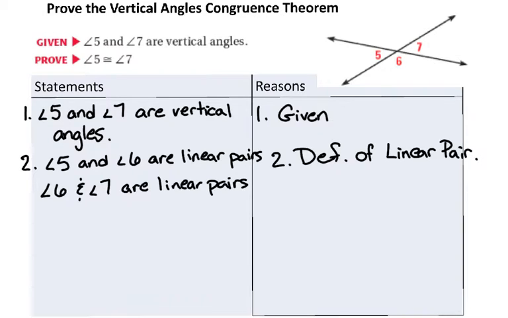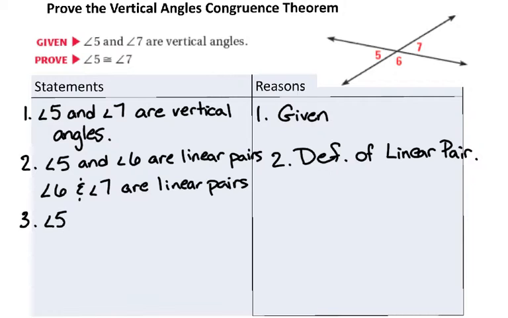Alright, step 3. If two angles are linear pairs, then those two angles are supplementary. And that is by the linear pair postulate that we had just looked at in the previous section.